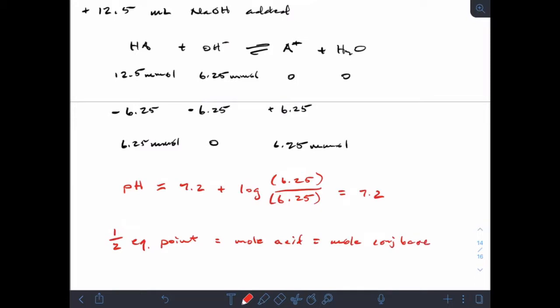And at the half equivalence point, pH equals pKa. Right? So at this point in the titration, we are at the half equivalence point, because my moles of acid equal my moles of conjugate base.